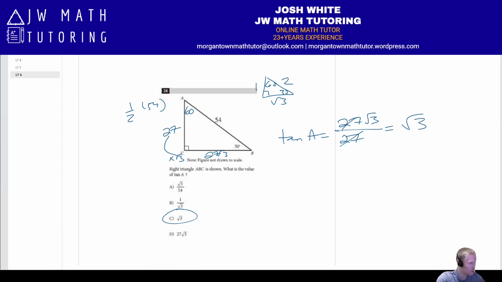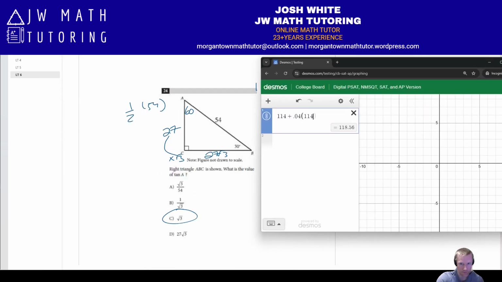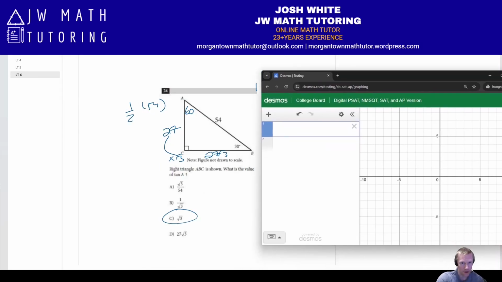I will also show you, you could do this one in Desmos as well. If you do not know the special right triangle formulas, if you don't remember them, basically what I would do is I would note that we want to know the tangent of angle A, right? So basically we're going to find these two sides just by doing the Pythagorean theorem and by doing another trig function.